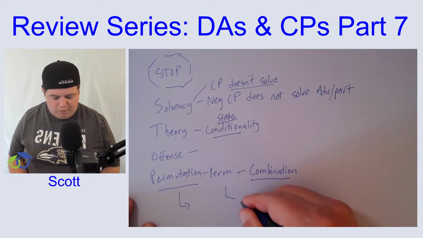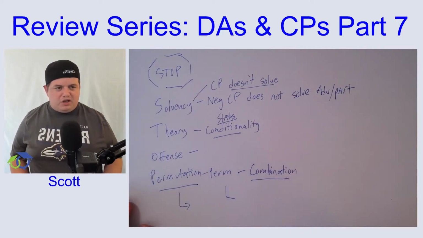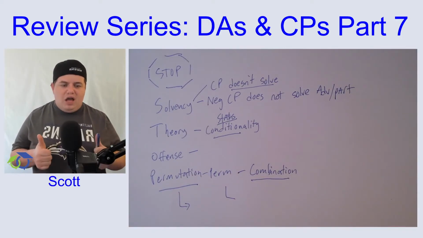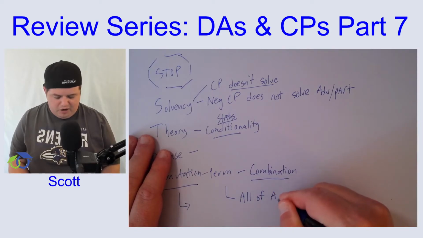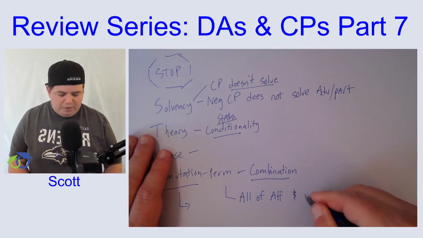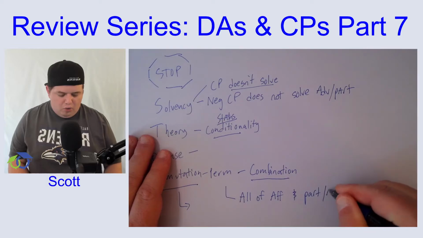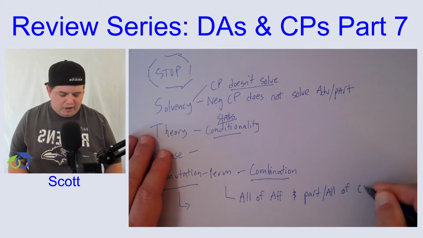Normally for a permutation to be considered legitimate and okay in the debate, it would have to do all of the affirmative, and it would be combined with part or all of the counterplan.